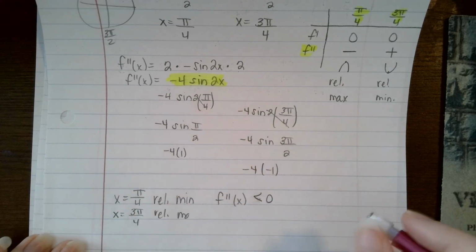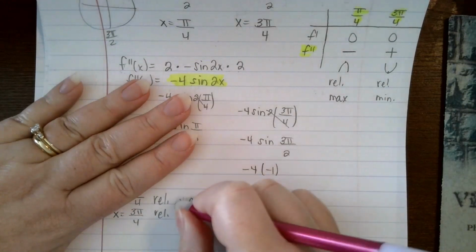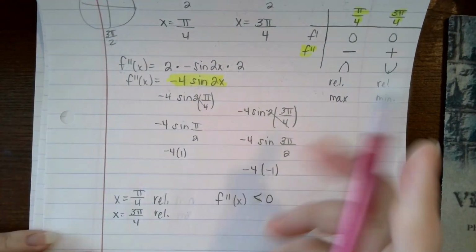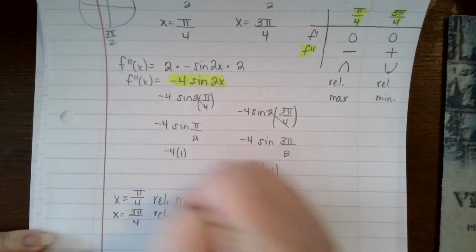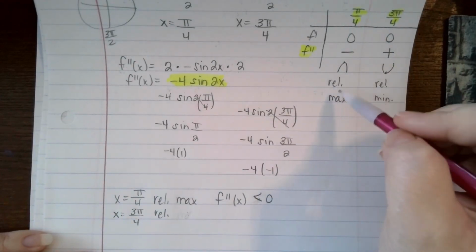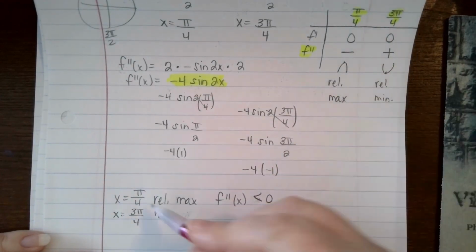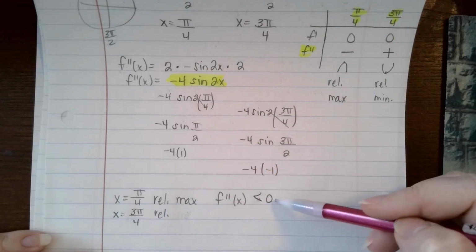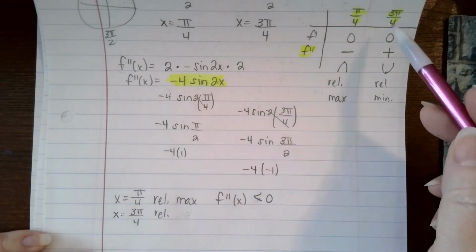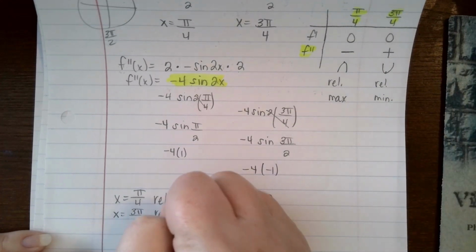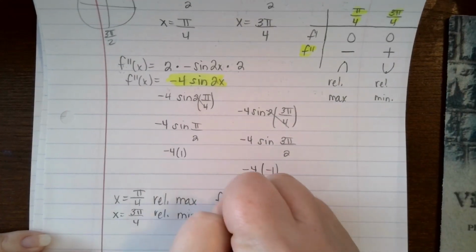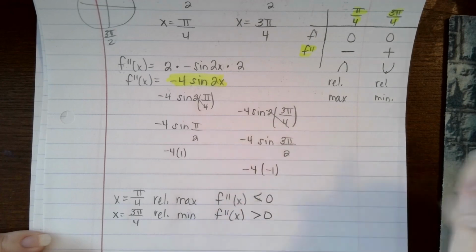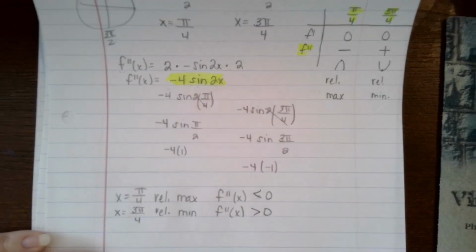Oh, I'm sorry. This one is our max. Let's get this right. I'm looking at it and I'm writing the wrong thing. All right, so x equals pi over 4 is our relative max because our second derivative is negative. x equals 3 pi over 4 is our relative min because our second derivative is positive, greater than 0.